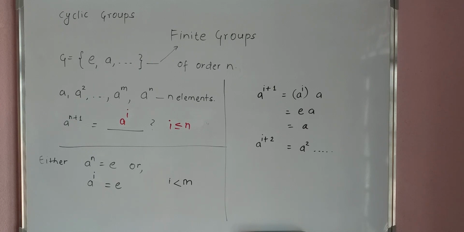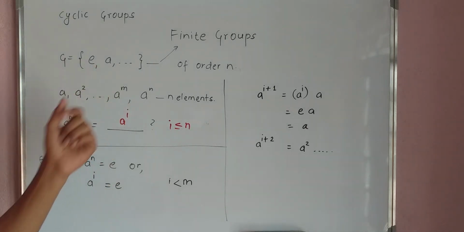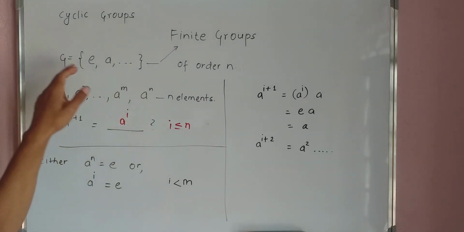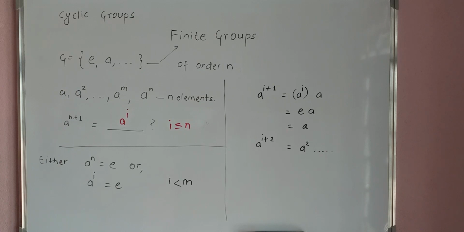Next, there are n elements in G, n elements in this collection, and all of the elements in this collection belong in G. Therefore, we have either a to the n equals e, or for some i less than n, we have a to the i equals e.